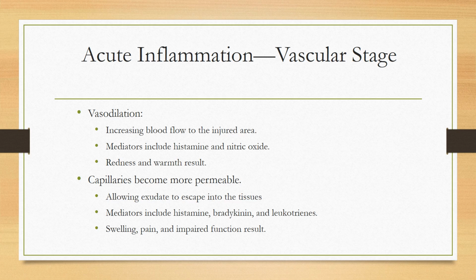So dilation begins with the arterioles and opens the capillary beds in that area. As a result, all of that becomes congested, which causes the redness, which is also termed erythema. It also causes warmth that's associated with acute inflammation. Vasodilation is induced by some of those mediators that we talked about earlier, one of those being histamine.